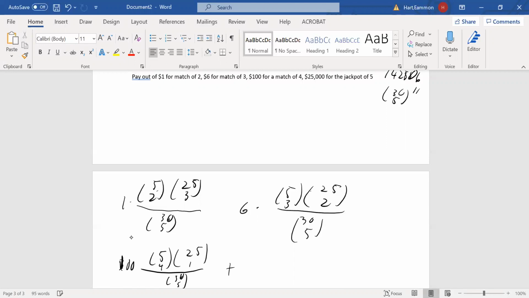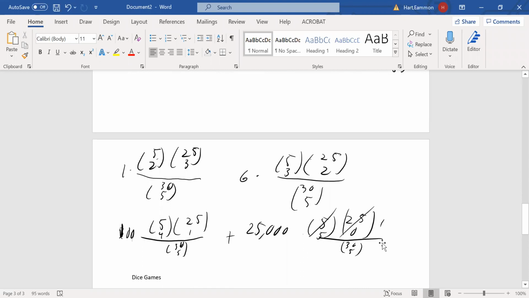And then the odds that I win $25,000 would be 5 choose 5, which is just 1, times 25 choose 0, which is just 1, divided by that 30 choose 5, which should make sense to you guys.